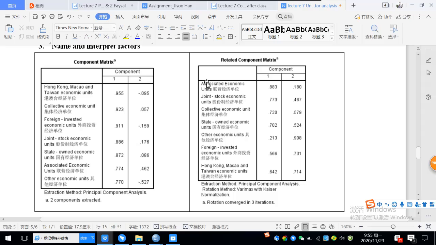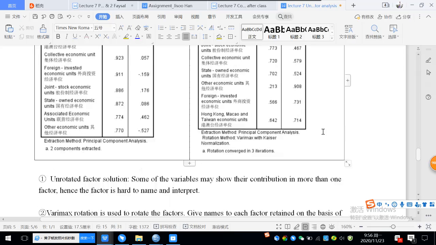And you use these variables to name factor 1. Use these variables, use their common feature to name the factor 2. Understand? Can you understand? Okay, so here we complete step 3. Name the factors.